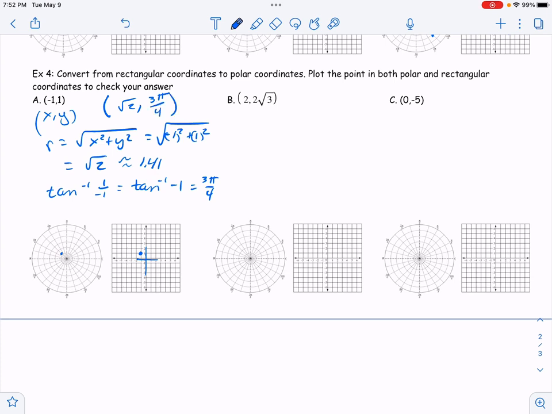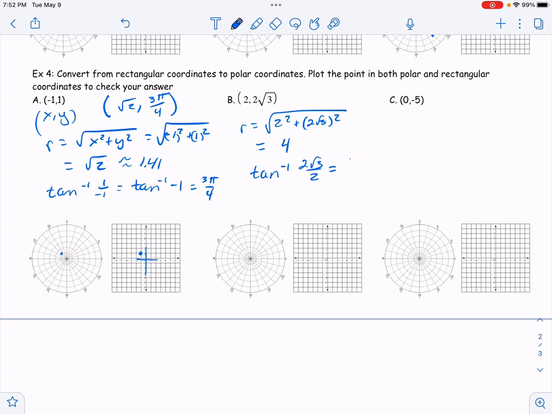All right? R is equal to the square root of 2 squared plus 2 root 3 squared, which is equal to 4. And inverse tan of 2 root 3 over 2, which angle has a tangent of root 3?